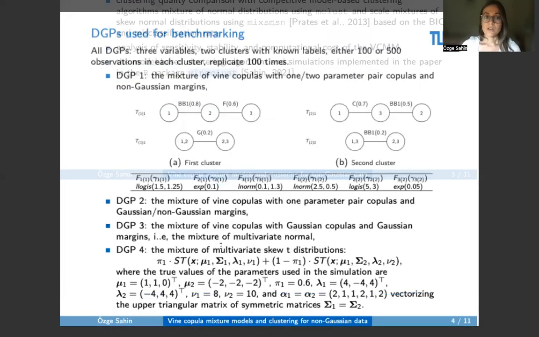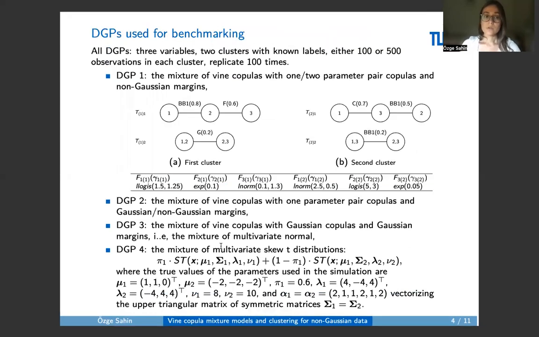To make a benchmarking analysis, we also use four different data generating processes. In all of them, we have three variables and two clusters with known labels, so that we can compare the accuracy. We have either 100 or 500 observations in each cluster, allowing us to test different numbers of observations, and we replicate our process 100 times.